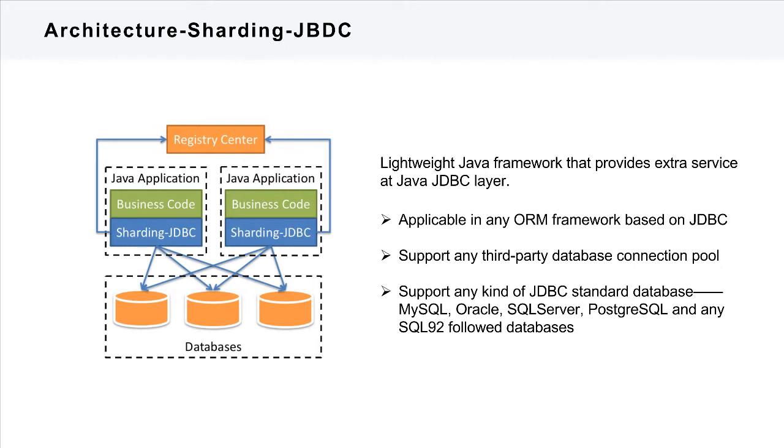ShardingSphere JDBC defines itself as a lightweight Java framework that provides extra service at the Java JDBC layer. It can be considered as an enhanced JDBC driver. Users can integrate ShardingSphere JDBC like native JDBC.